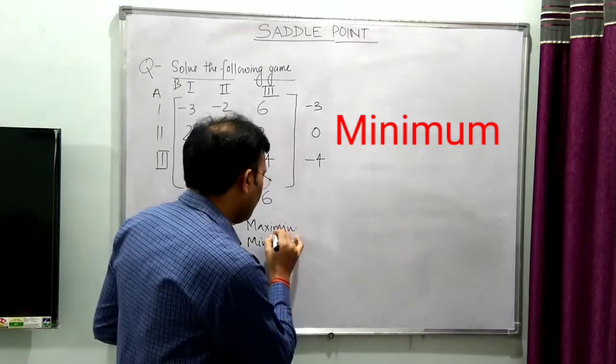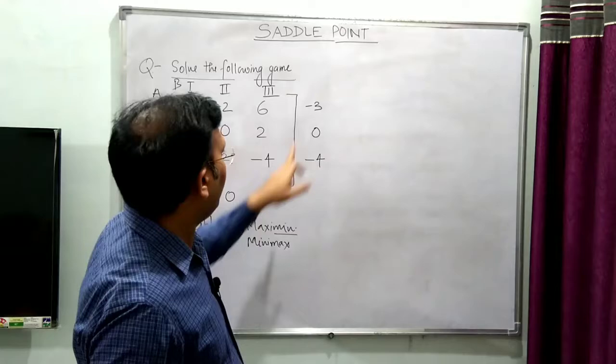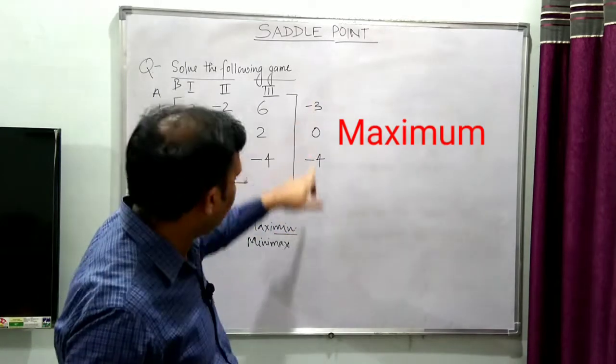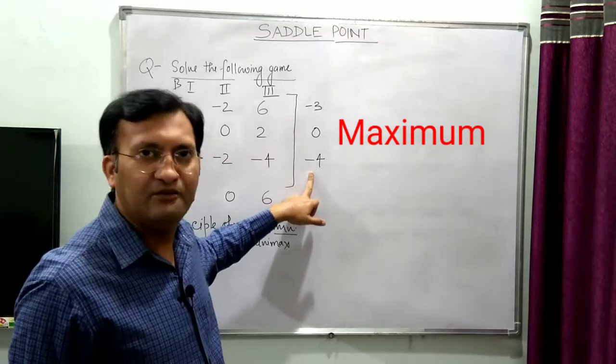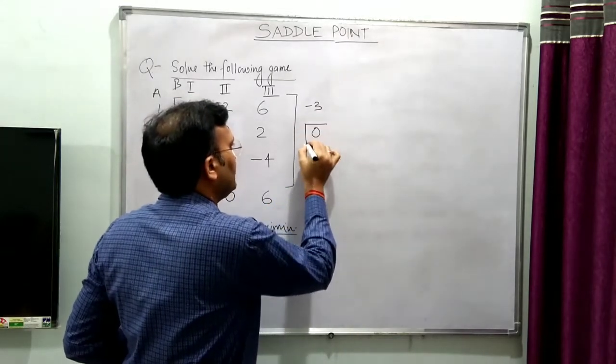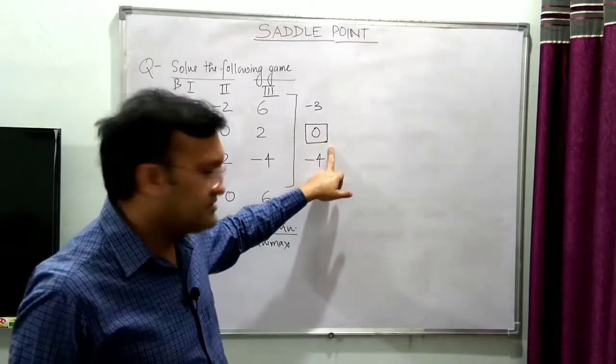So always start from the back. Minimum we have found out. Now we are going to see what is the maximum element, right? In all those elements. So what is maximum? Maximum is 0, so we are going to cover it through a rectangle, right?